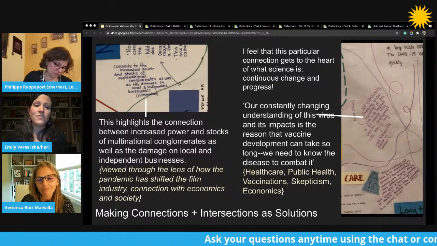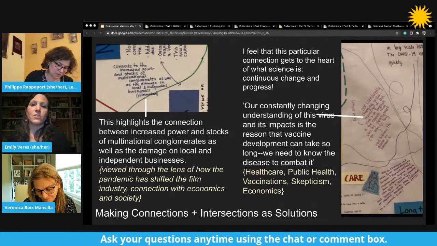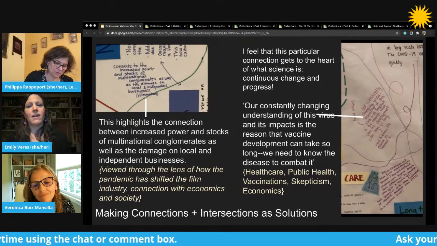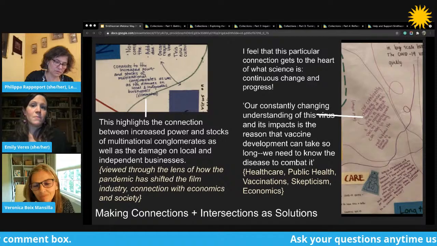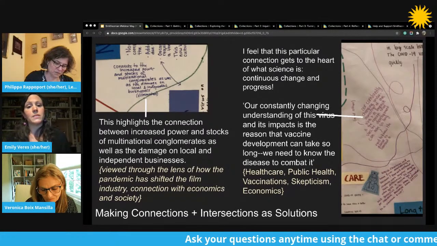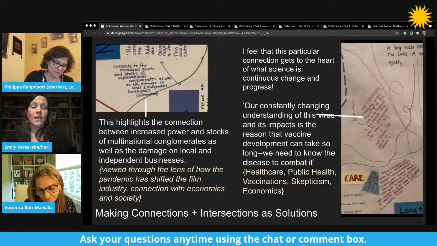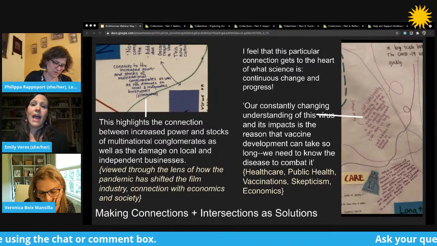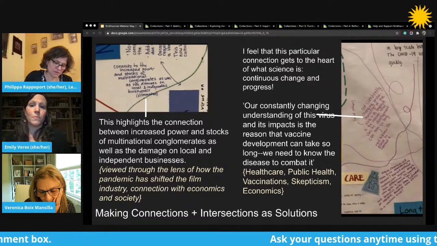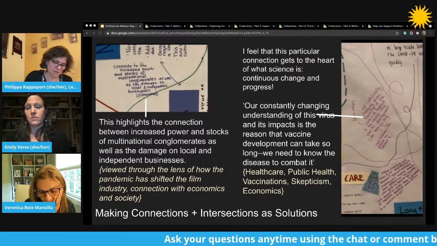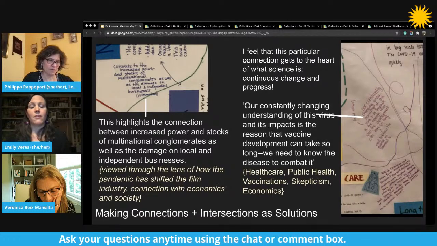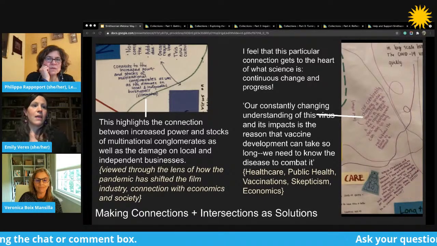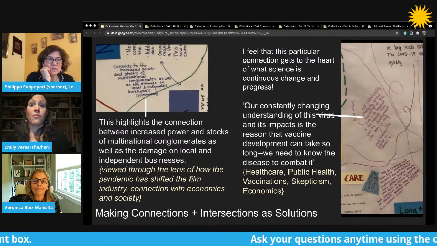We'll start with the one on the left, which was connecting my students who were interested in film and the growth of Netflix as a company, as well as issues with small filmmakers and local businesses with economics, and highlighting the connection between the increased power of multinational conglomerates and how it can be very damaging for local business people or smaller shops to maintain and float their finances through such a long shutdown and the supply chain being impacted around the world.